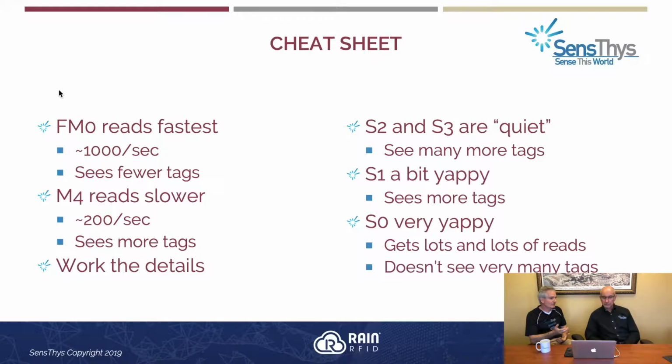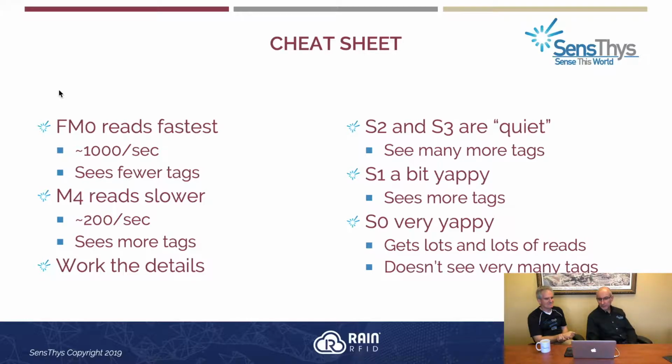So M4, much more sensitive, much slower. Tag read rates for M4 vary by reader, 150 to 200, maybe a little above. Sees a lot more tags. And with readers, there's a lot of details in the RF land that can make things a lot better. So S2, S3? S2 and S3, these are the quiet ones.